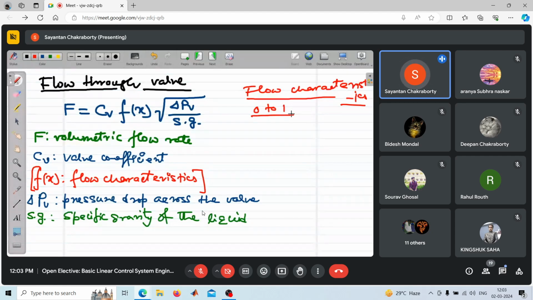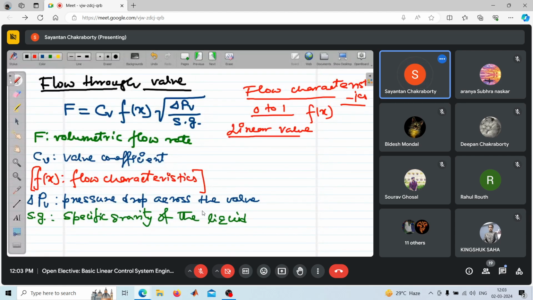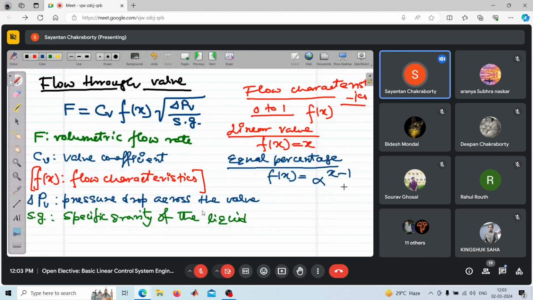It can have a few different values between 0 to 1 as a function of x, and there are basically two or three different functions. That is, if it's a linear valve, then we have fx equal to x. Now, if it's an equal percentage valve, then we have fx is equal to alpha to the power x minus 1, where alpha may be 50.